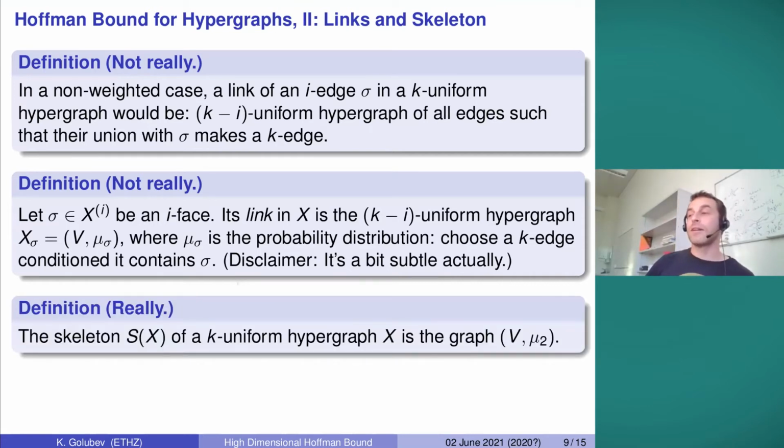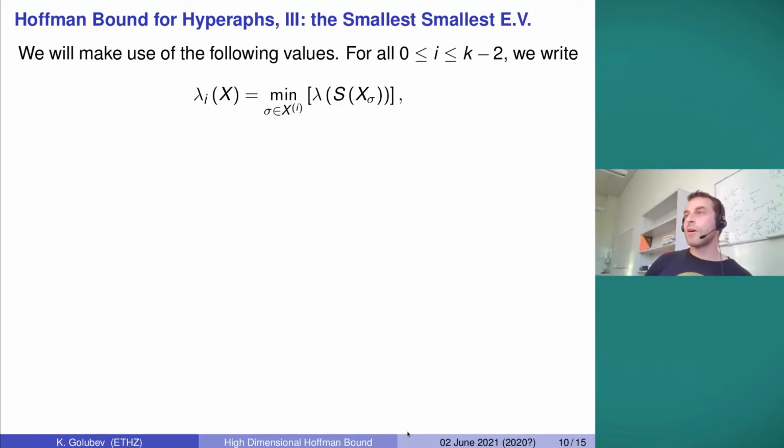For every hypergraph, you define its skeleton as just the underlying graph. You compute its measure on the pairs, mu2, and you forget about everything else. That would be your skeleton. So for each hypergraph, you can construct such a graph. Now to formulate the bound, we'll need the following thing.